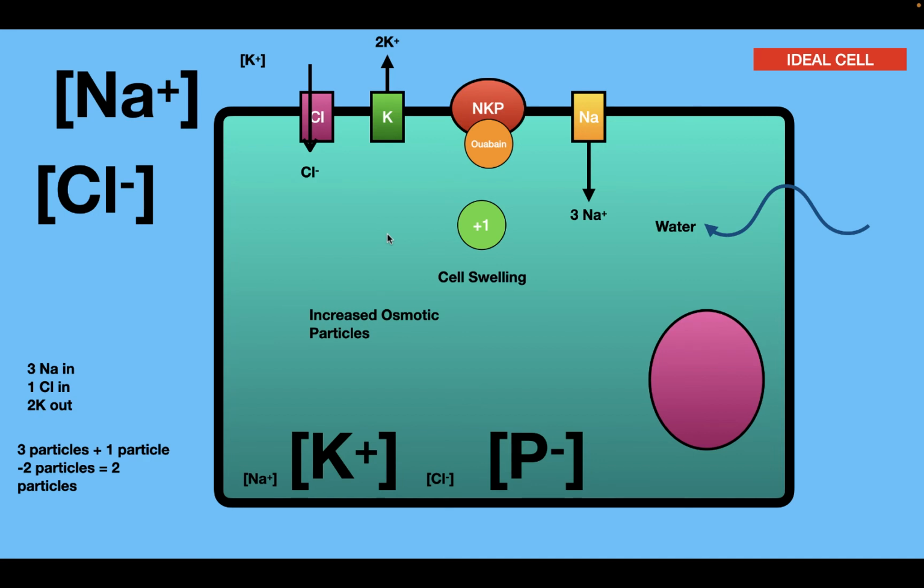So what we learned from this little experiment is that the sodium-potassium pump basically prevents the cell from swelling. If the sodium-potassium pump were removed or inhibited, the cell would accumulate water, swell, and then be at great risk of bursting. So that's why the sodium-potassium pump is very important.